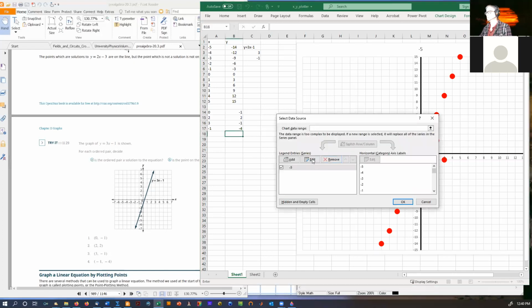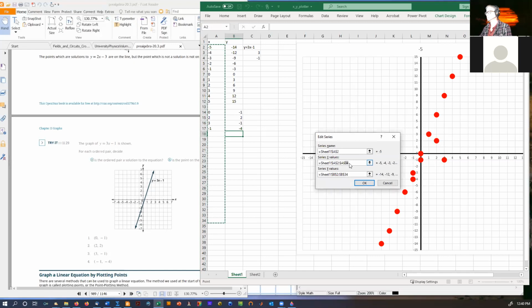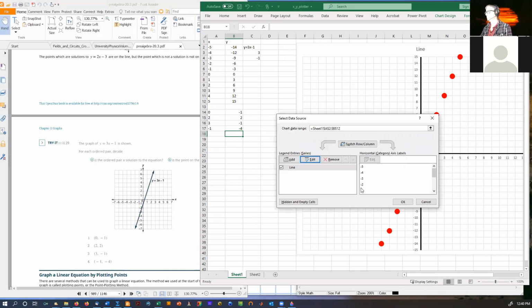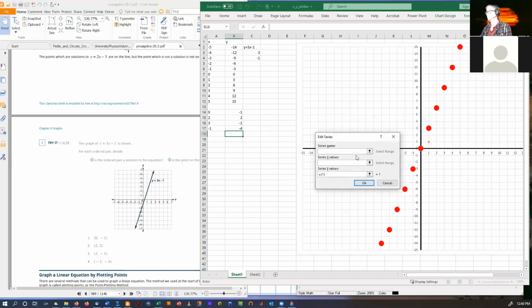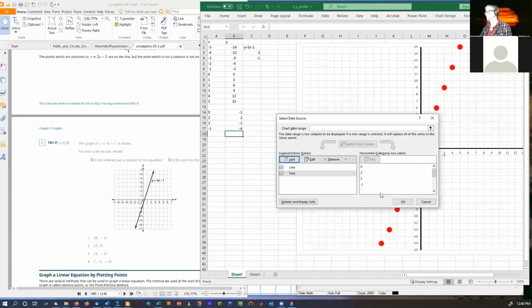let's see, so edit 12, 12. So we can have these be a different color so we can see them.